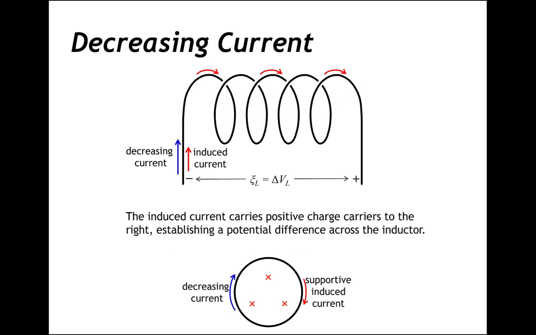Just like before, the induced current carries positive charge carriers. But unlike before, the positive charge carriers will go to the right, which establishes a potential difference across the inductor that is actually opposite in orientation to the potential difference that we had before.